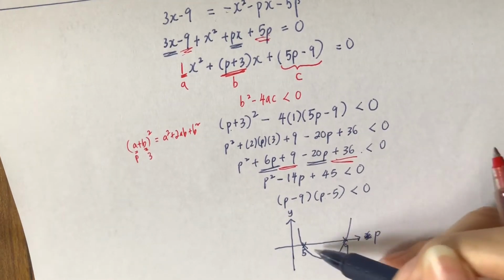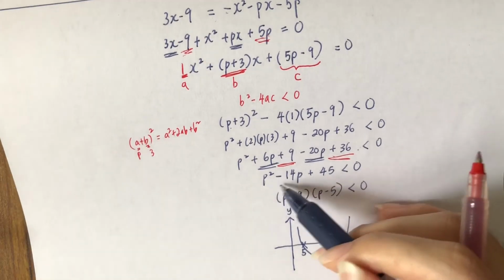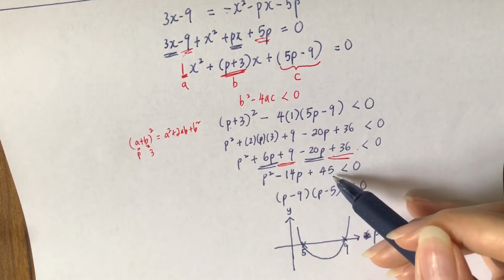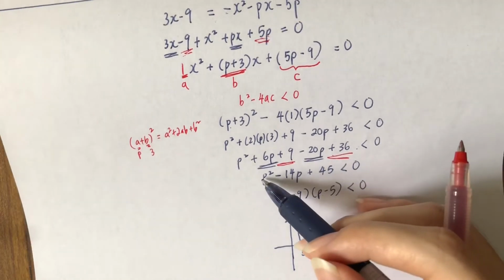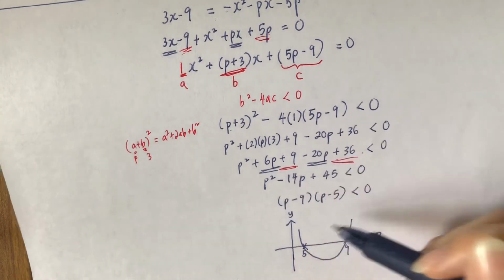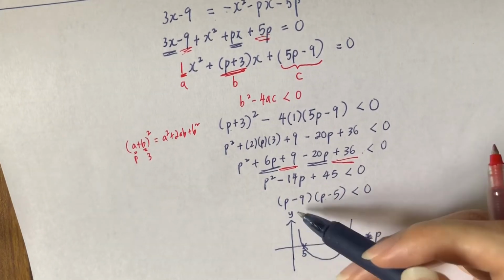Taking note that this curve represents this equation, p squared minus 14p plus 45. Since this is a positive coefficient in front of the p squared term, the curve should be a U shape.